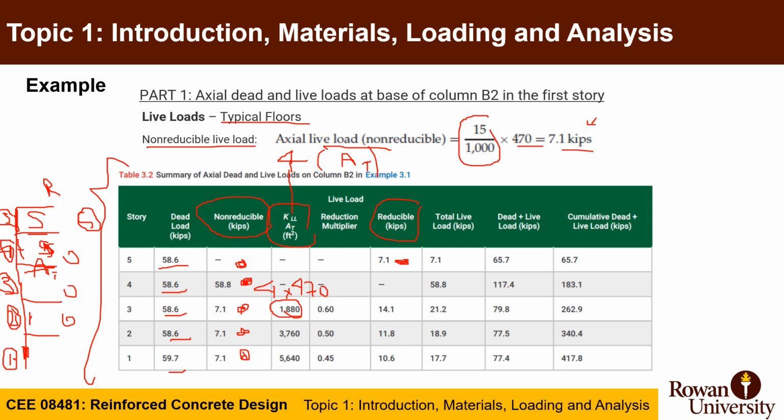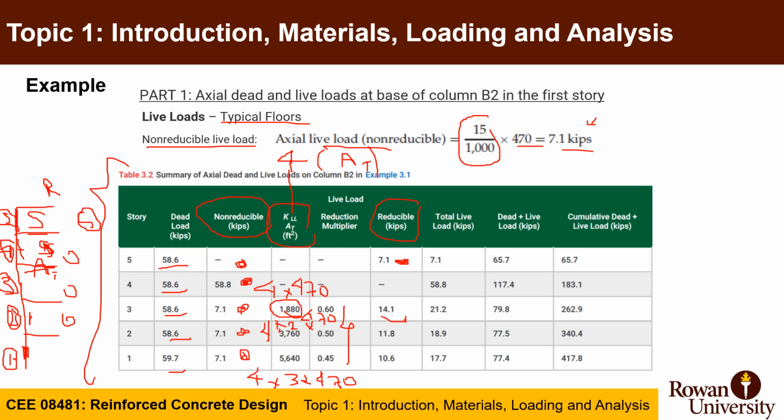In this column, carry 2 reduced office, so it has to be KLL 4 times 2 times 470. And the last one is carrying 3 offices to be reduced, so KLL is 4 times 3 times AT is 470. If you go and calculate only reduction factor, you will see it 0.6, 0.5, 0.45.